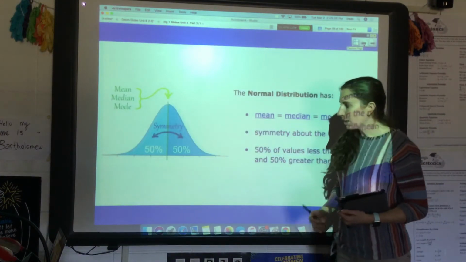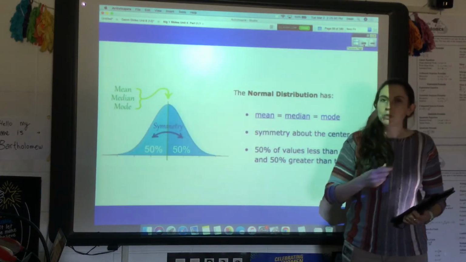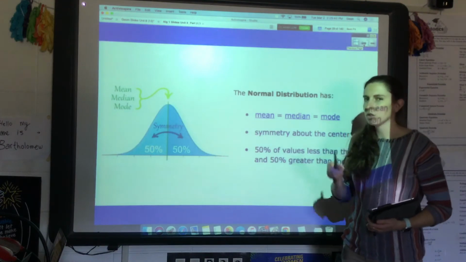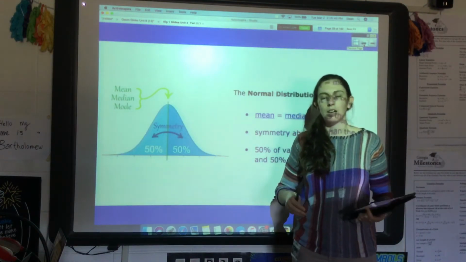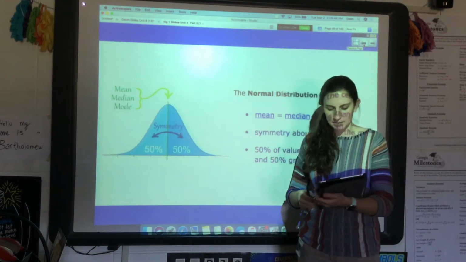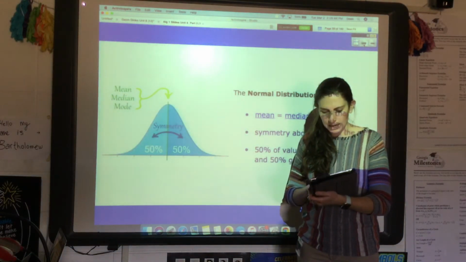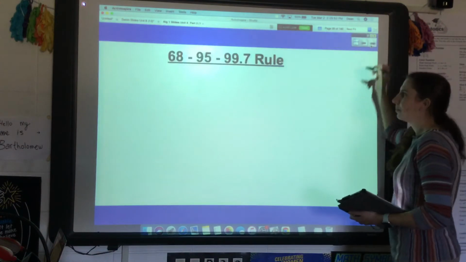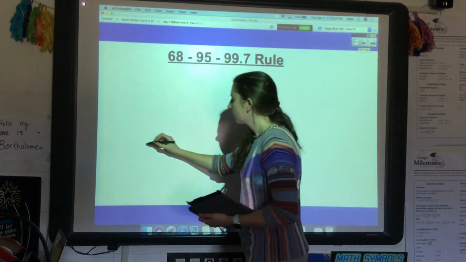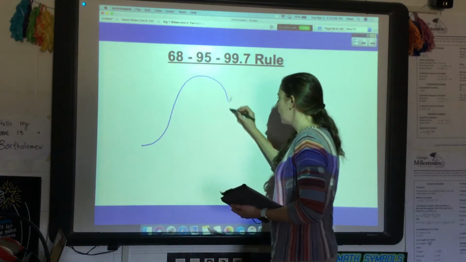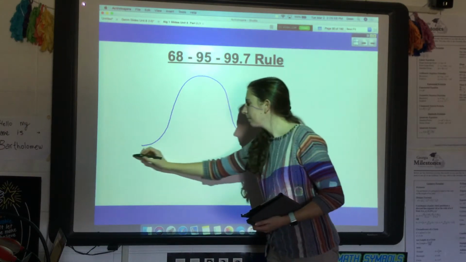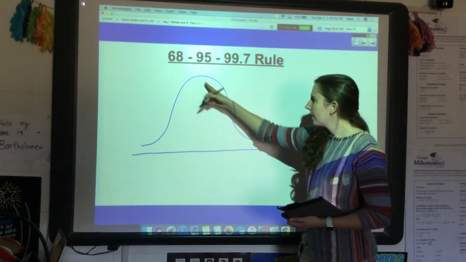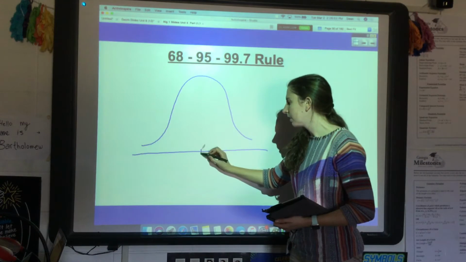And then we can actually break the data up using standard deviations. So remember, standard deviation is a measure of how spread out the data is. And it gives us a good way to kind of count out from the mean. So let's say I have a normal distribution, and let's say that the mean is right here.